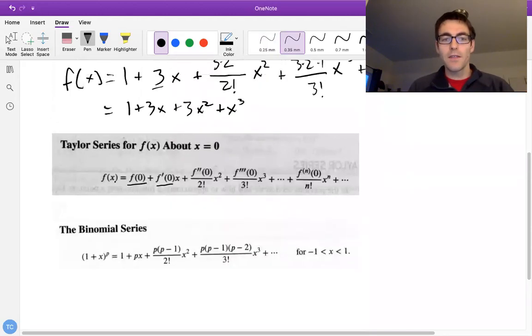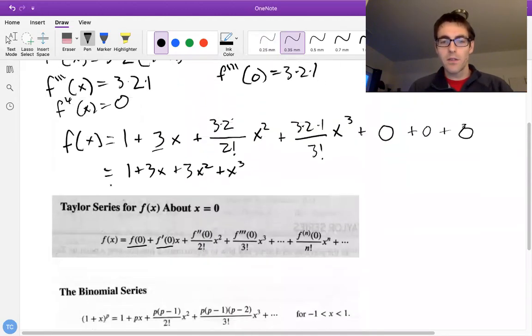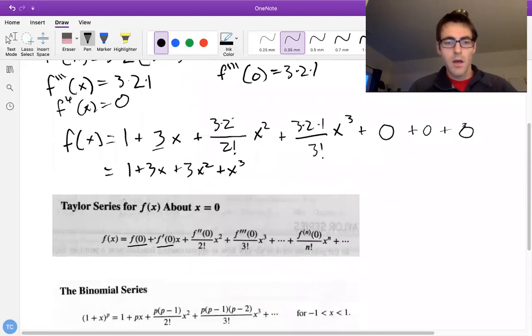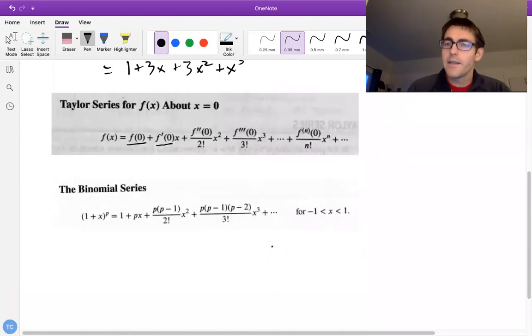And I want to point out this pattern that I was talking about. With our 3 example, the numerator here was 3 times 2, then 3 times 2 times 1, and once we got further, we ended up with some 0 terms. Okay, so you can walk through the details of this in the book.